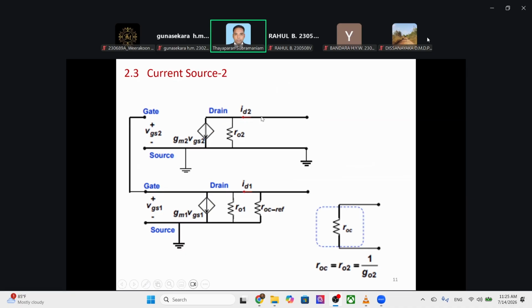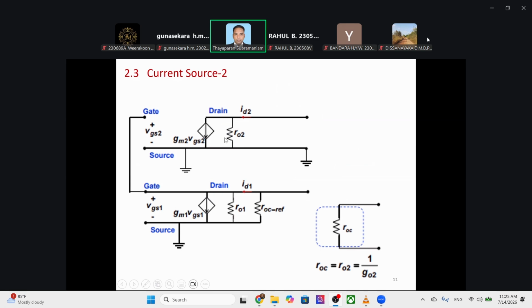But in normal operation, ID2 is split into gm2 VGS2 and R out 2, into two parts here. Please note that it is a current source.